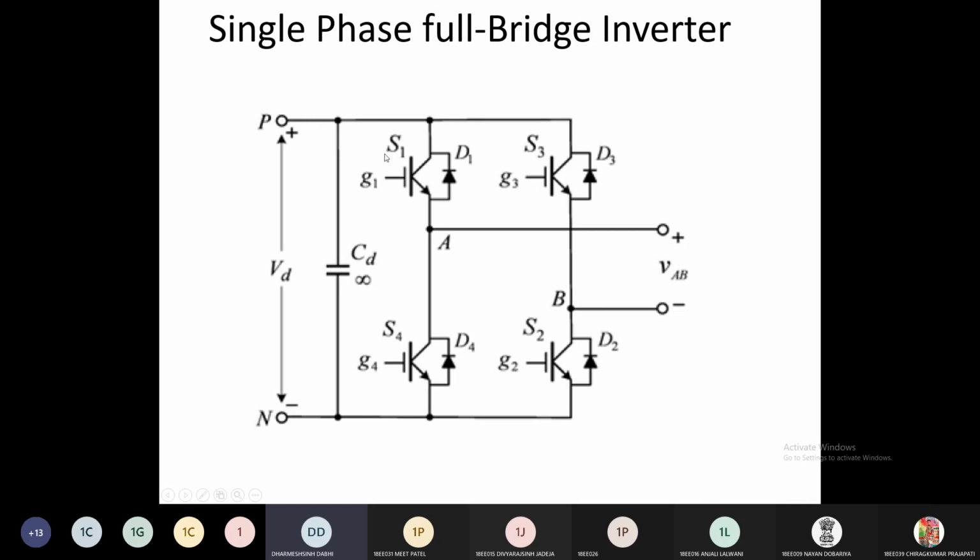Your supply will be short circuited. Okay, so the S1 and S4 gate pulses are always complementary. It means when S1 is on, S4 is off, or when S1 is off, S4 is on. Same way for the second leg: when S3 is on, S2 is off, and vice versa.